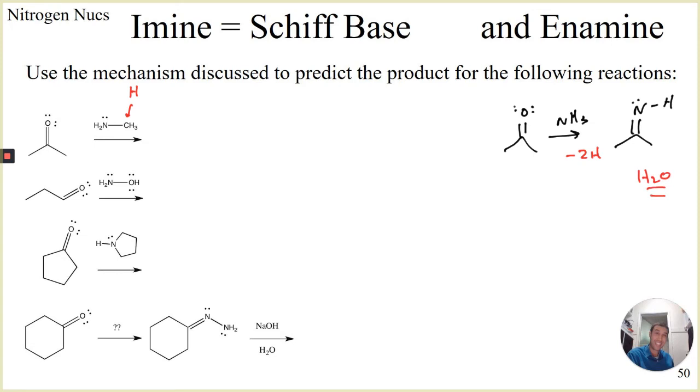Well, if we look at that starting structure, do we still have those 2 hydrogens? Yeah. So get rid of them, make H2O. There's H2O, so I got rid of the oxygen, and now replace those 2 bonds to hydrogen on our nitrogen with the double bond to carbon. And there it is. What we've now formed is an imine, also potentially known as a Schiff base, depending on your preference.